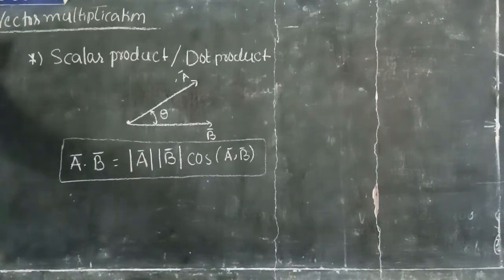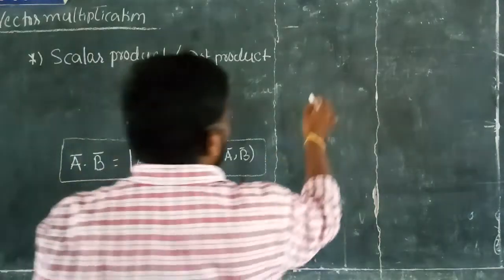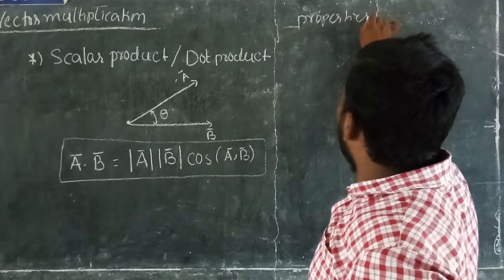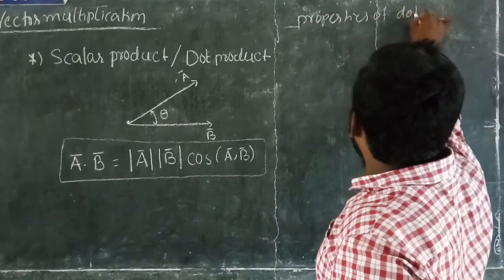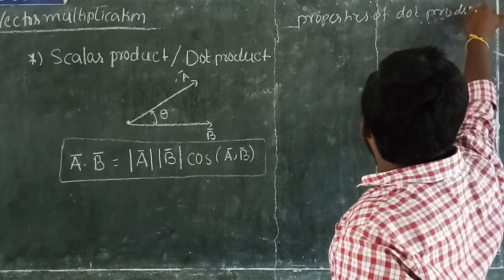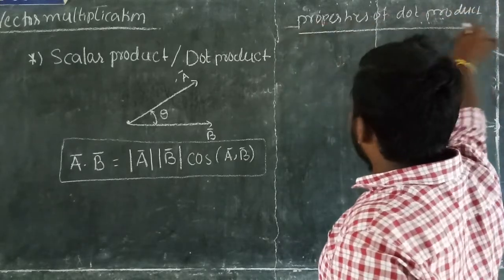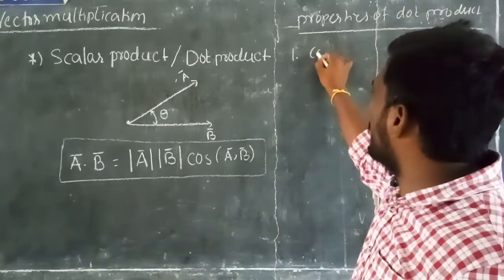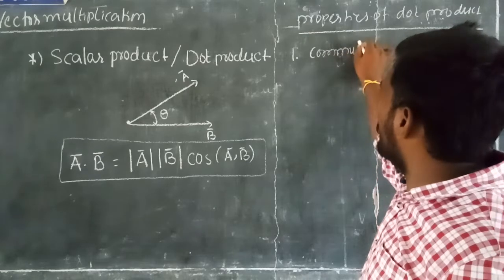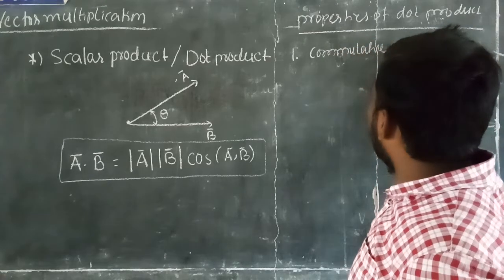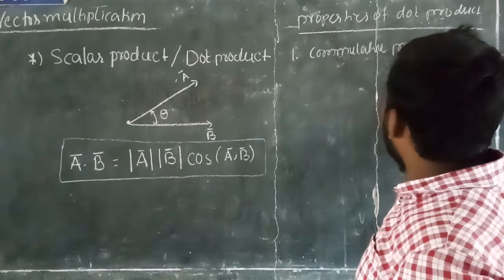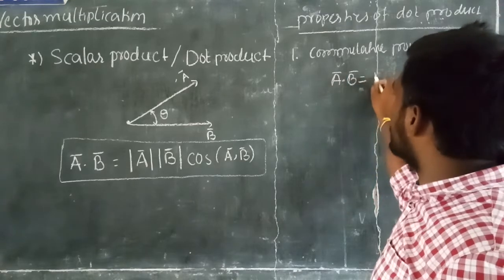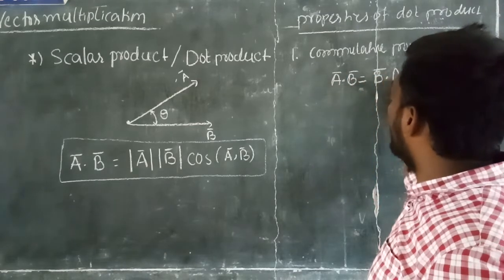Now we will see the properties of the dot product. The first property: the dot product obeys the commutative property. If you do the dot product between A bar and B bar, you get the same result as the dot product between B bar and A bar.